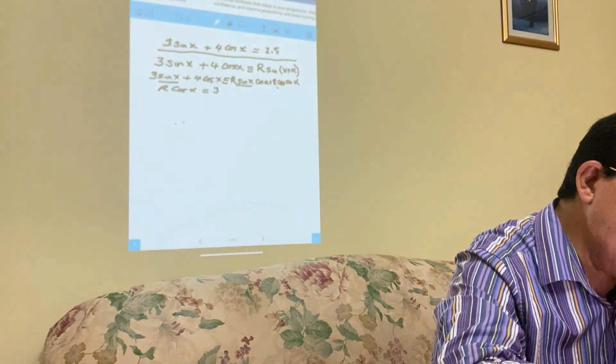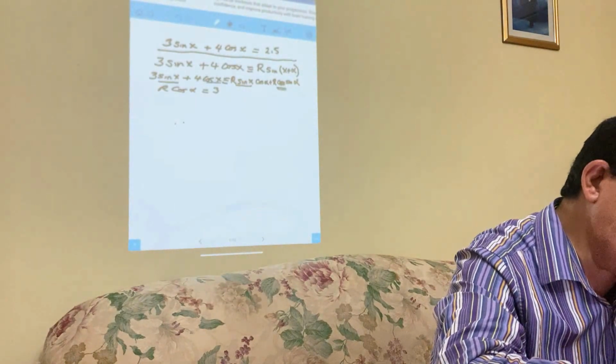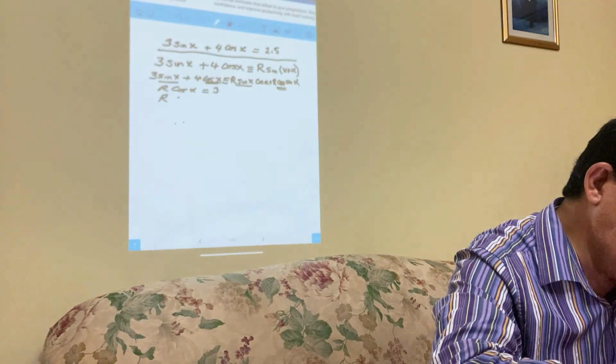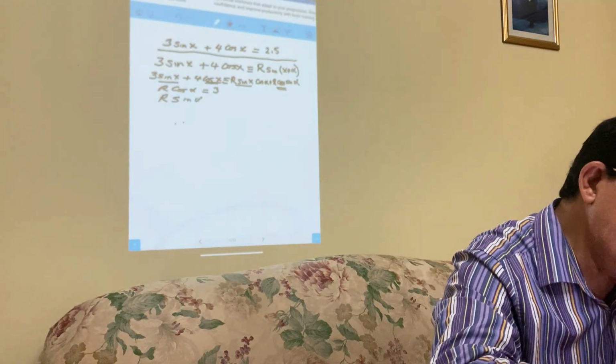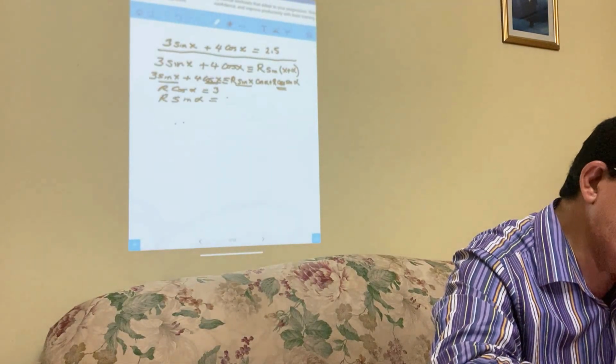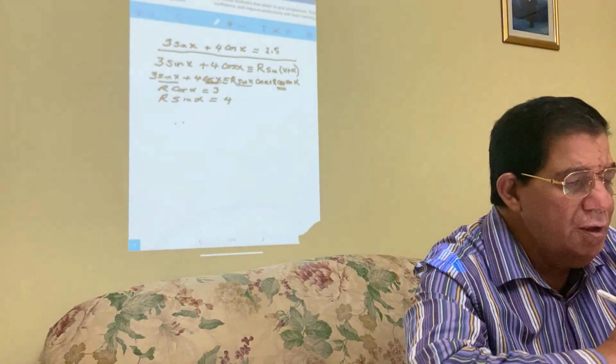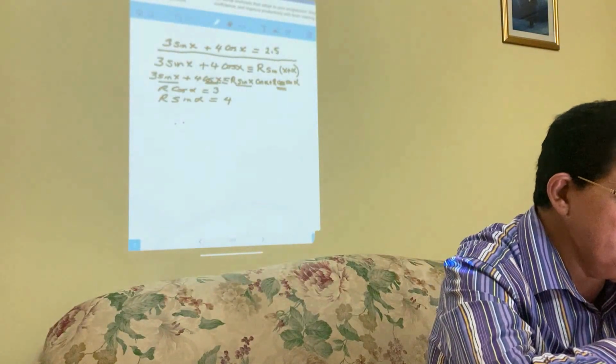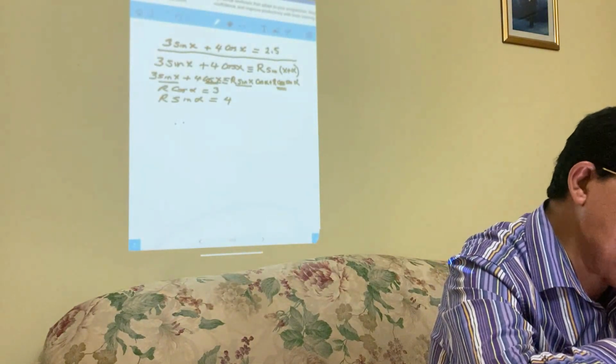This is cosine x and this is cosine x. Then r sine alpha equal 4. These two simultaneous equations, how are we going to solve them?